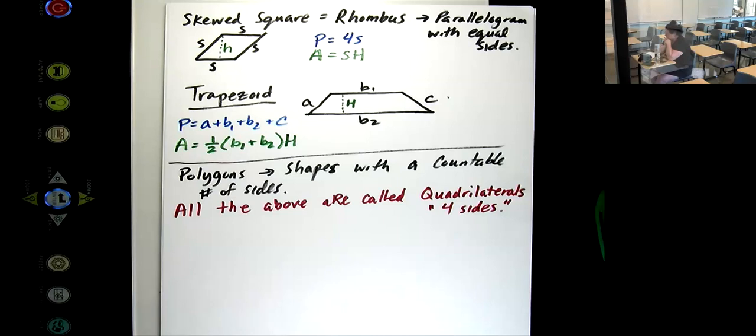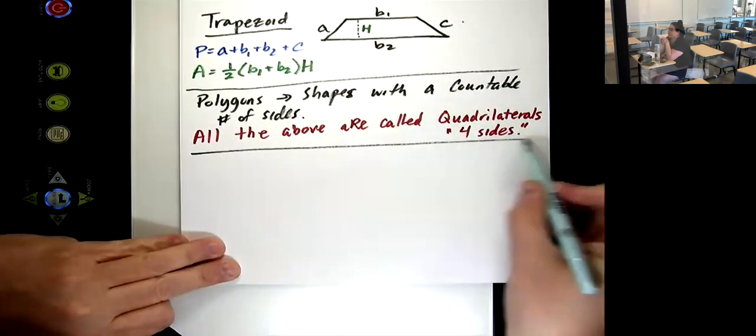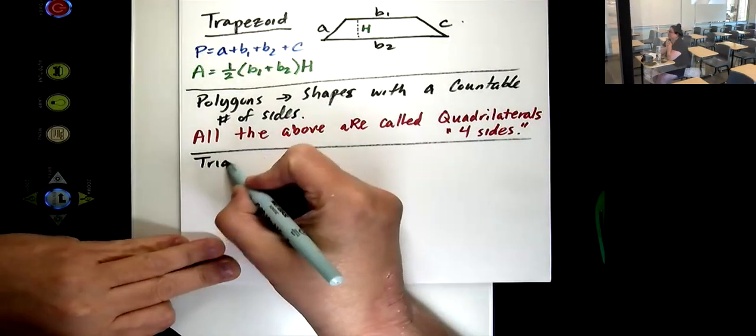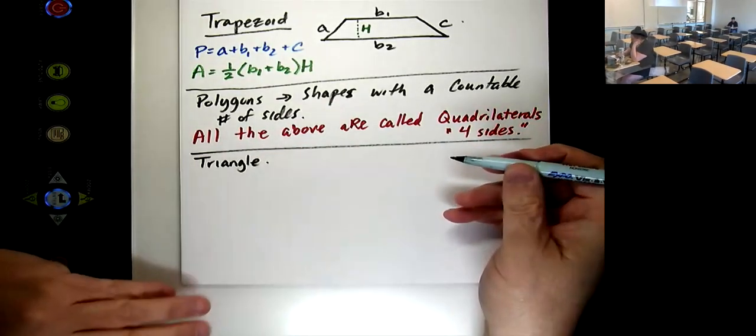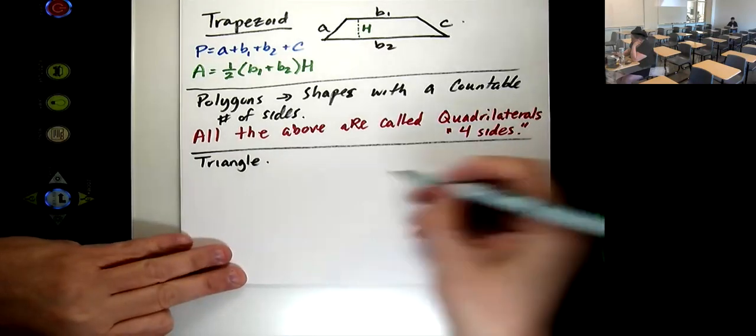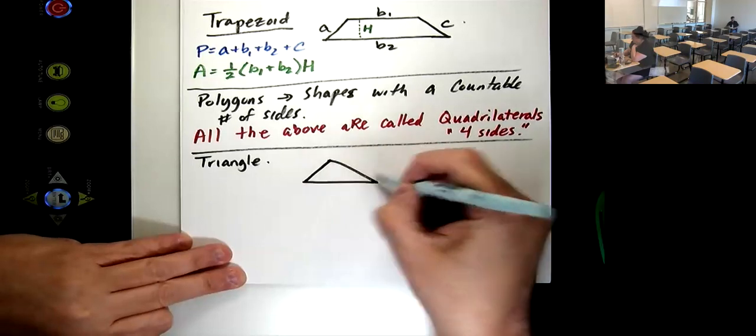But there's another shape we use almost as much as we use the circle. That is not a quadrilateral. And that is our beloved triangle. They come in a variety of flavors.